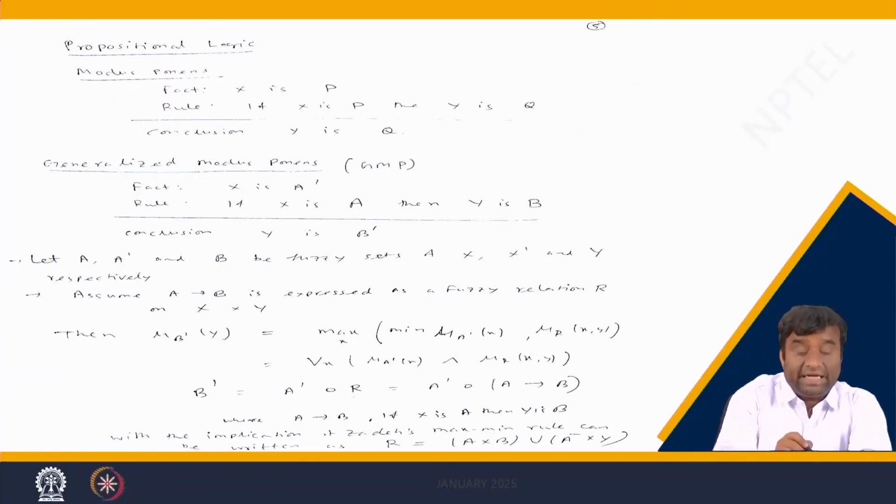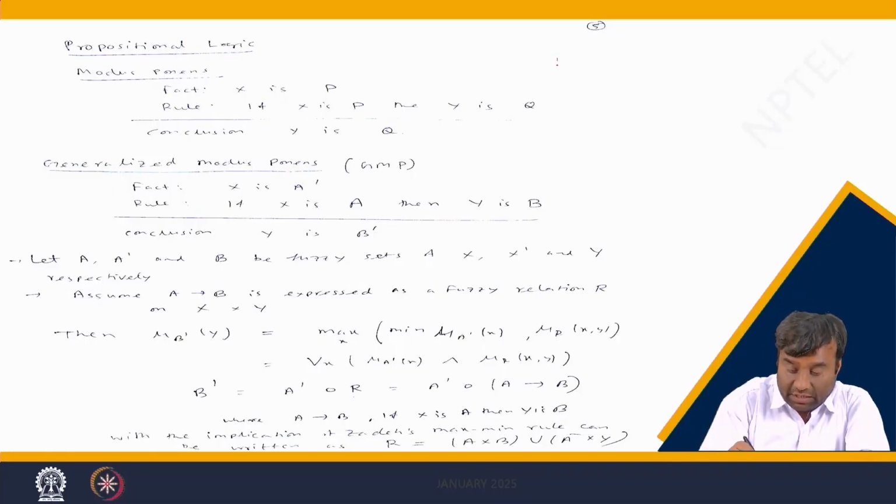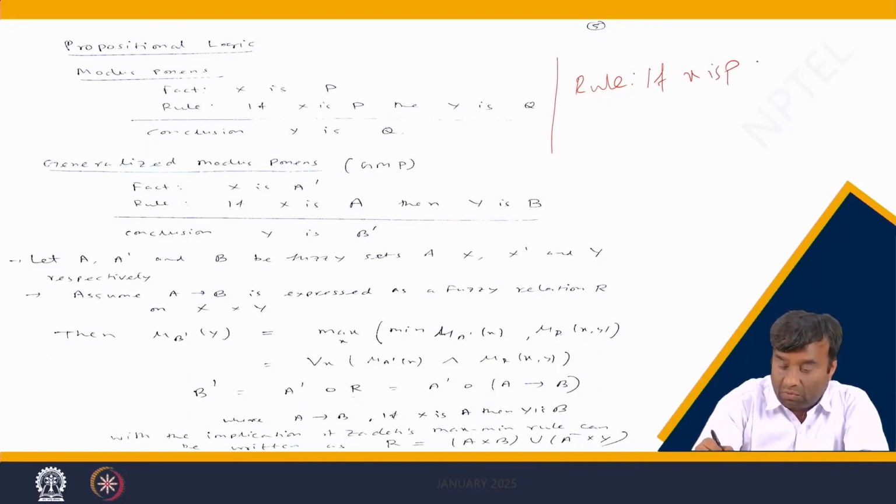So this is the rule which is given. The rule is: if x is p, then y is q. The given fact is that x is p.